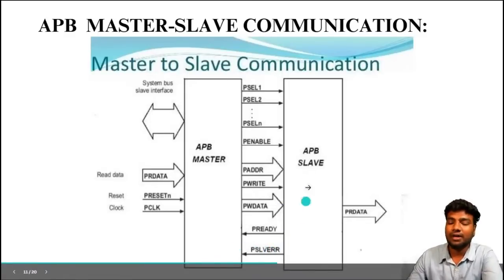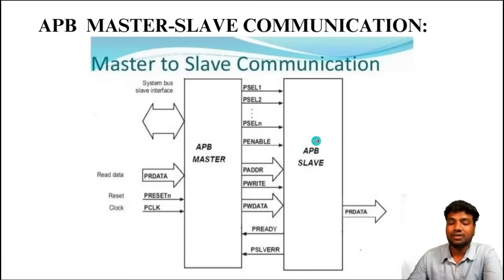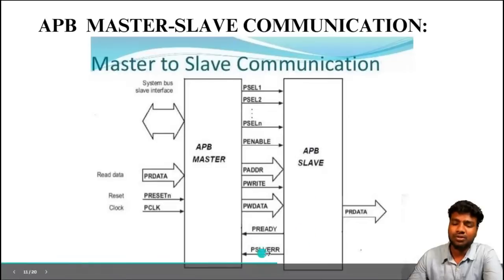While writing into memory using the APB slave, if something happens wrongly, I can use this signal to give the information to the master. This is the usage of PSLVERR.